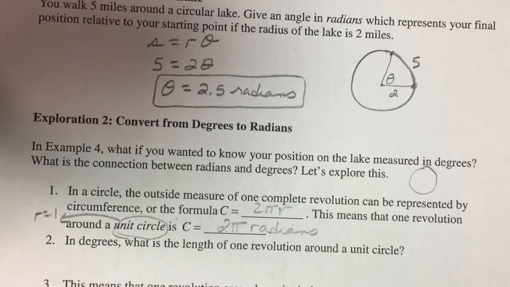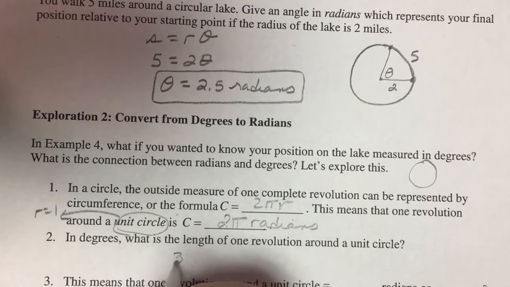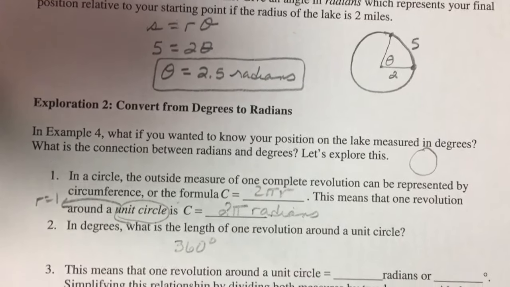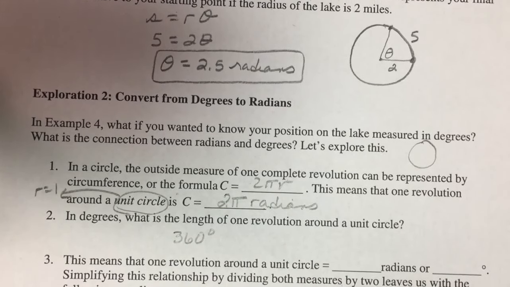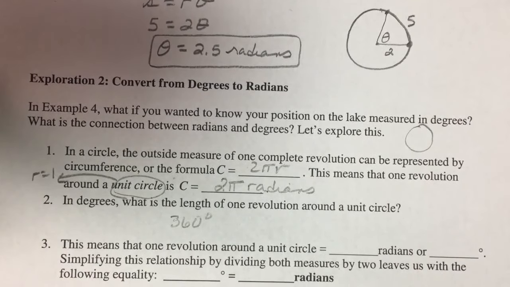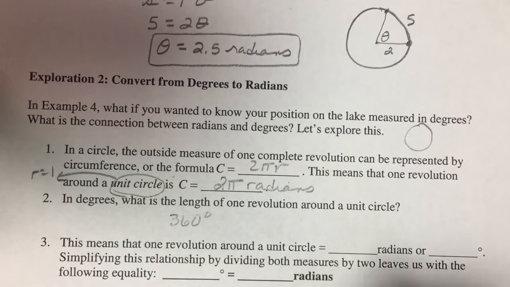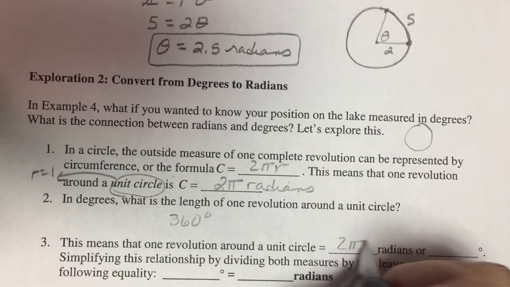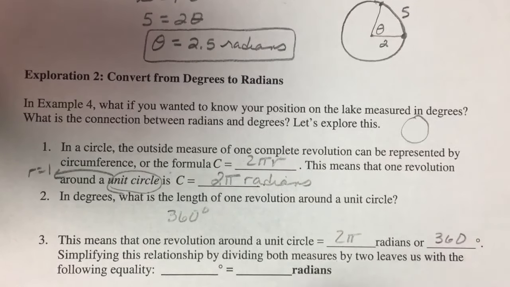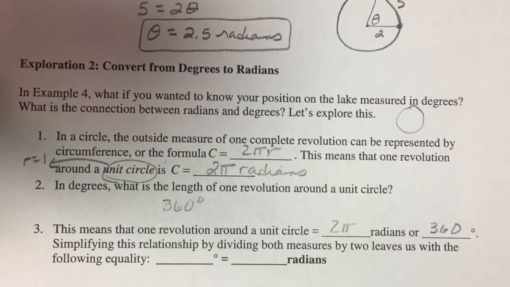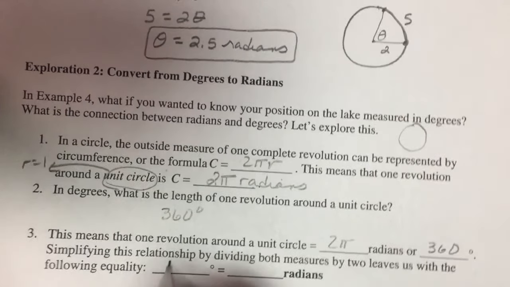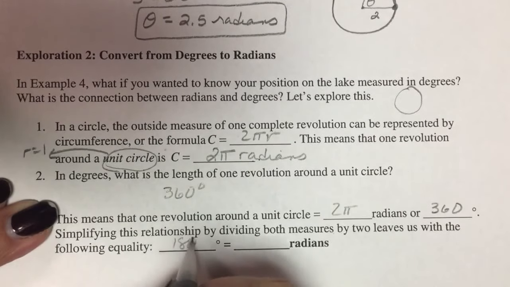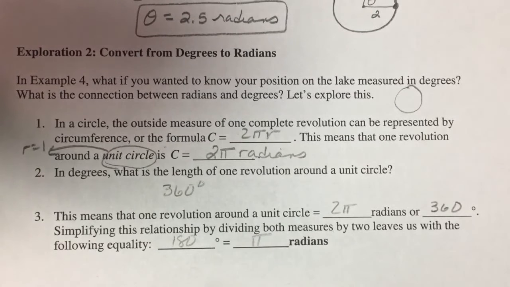And we already know that in degrees, one complete revolution is 360 degrees, which tells you then that 360 degrees is the same as 2 pi radians. So this means that one revolution around the unit circle is 2 pi radians, or 360 degrees. Simplifying this relationship by dividing both measures by 2 leaves us that 180 degrees would simply then be pi radians.